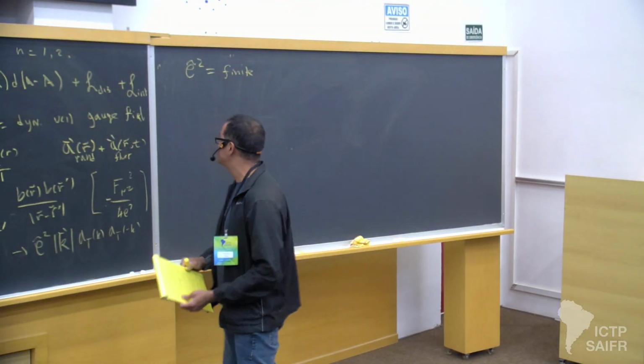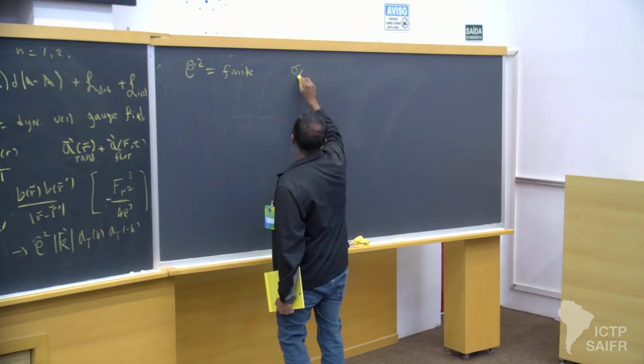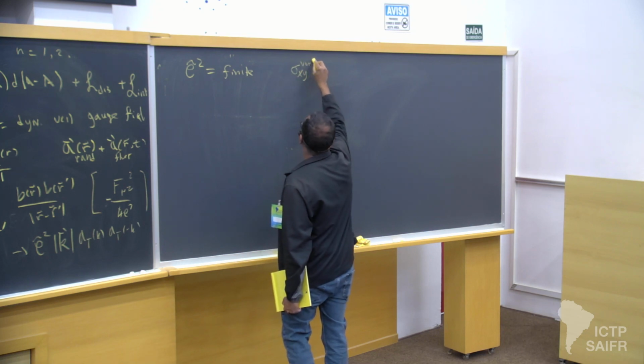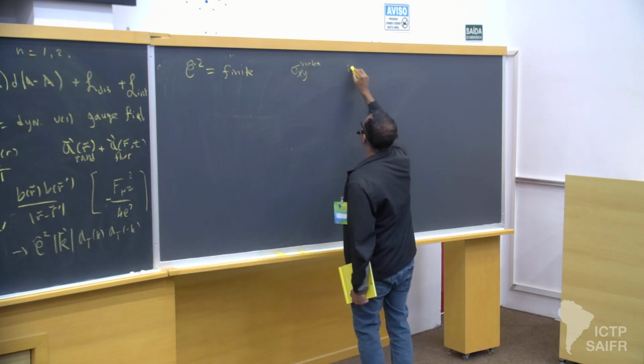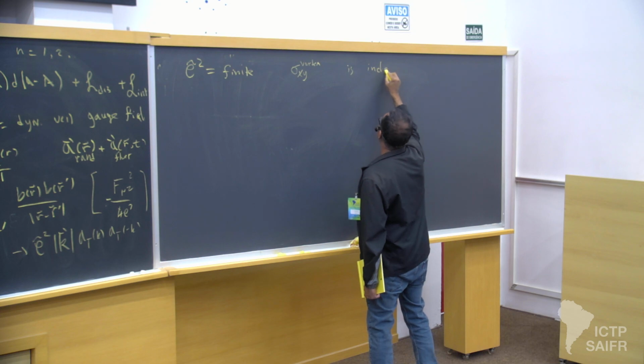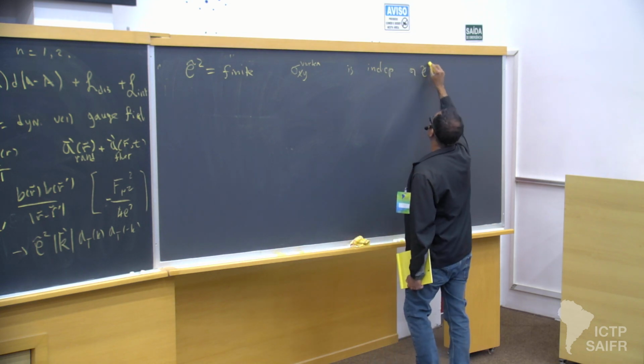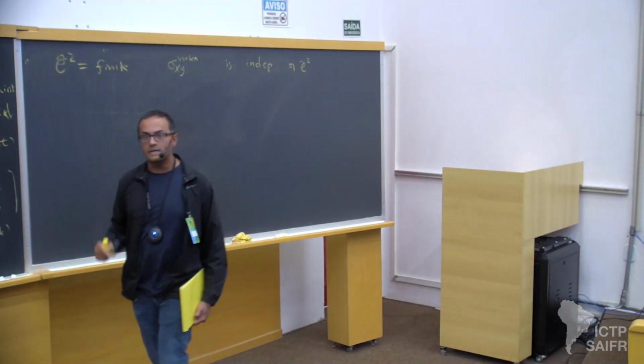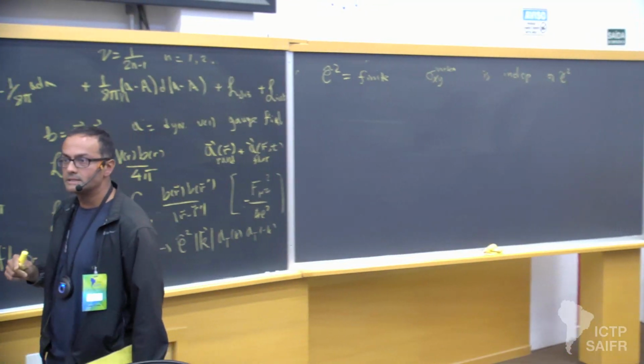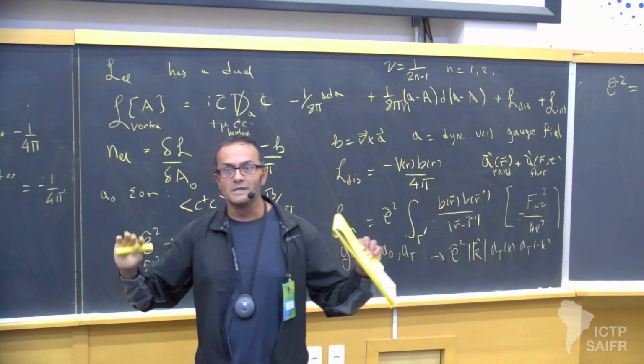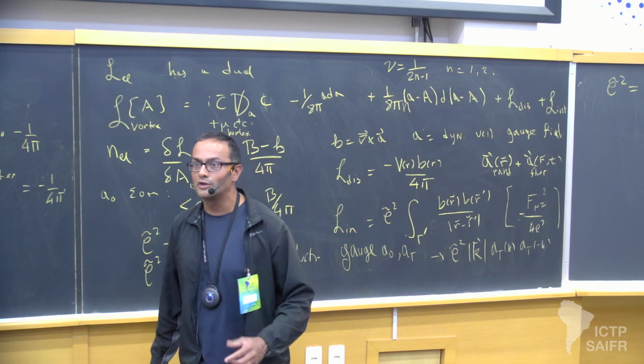One exact thing can be stated, is that sigma xy of the vortices is independent of E squared. So if you can compute it at E squared equals infinity, you know it at finite E squared. That's an exact statement that comes from anomaly matching, and I don't have time to go into it, unfortunately.